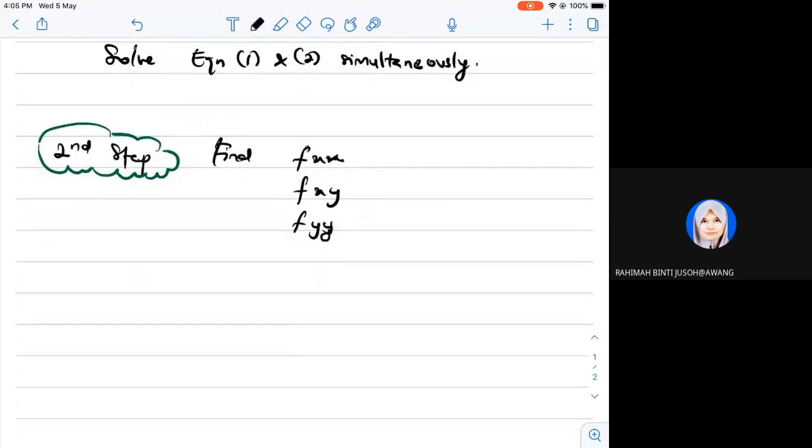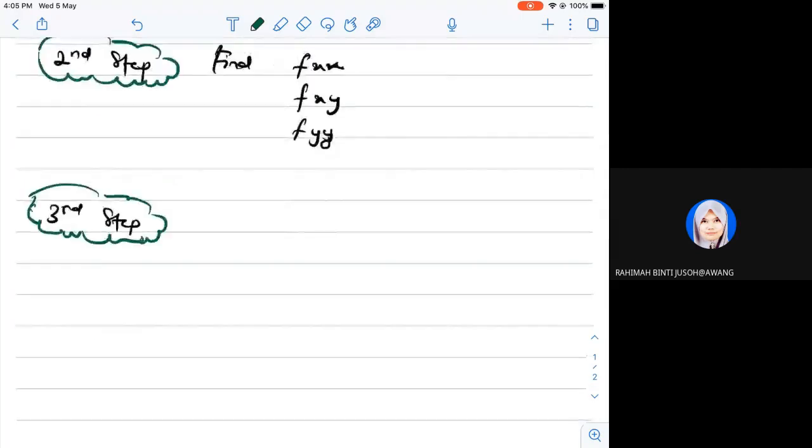Now the last step, third step. This step is called the second derivative test. This is the formula, the theorem actually.